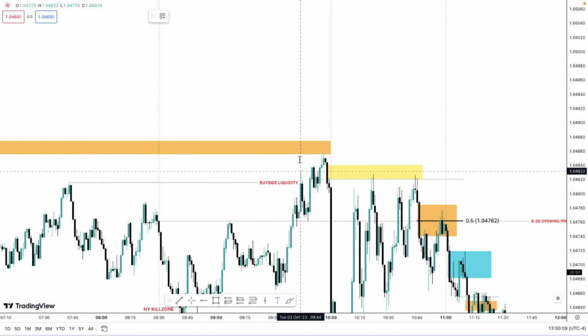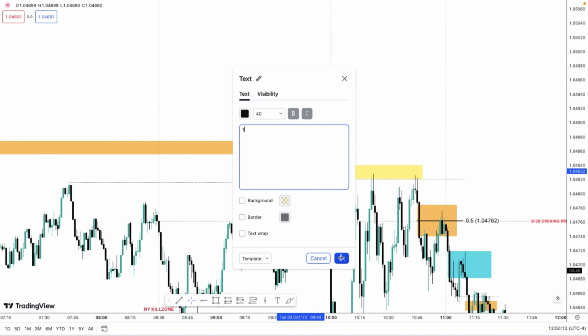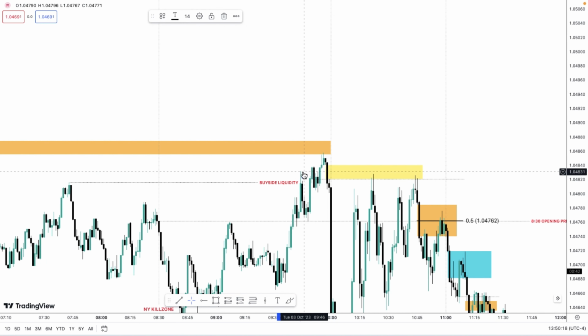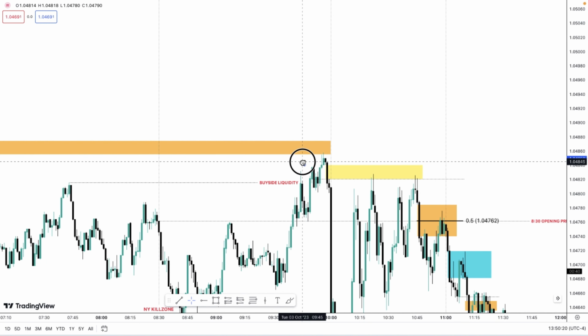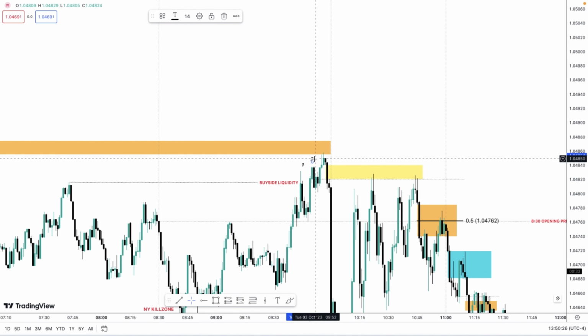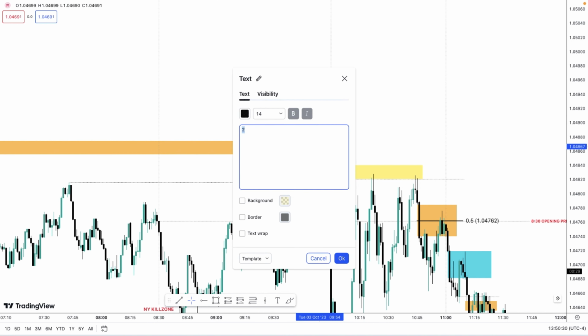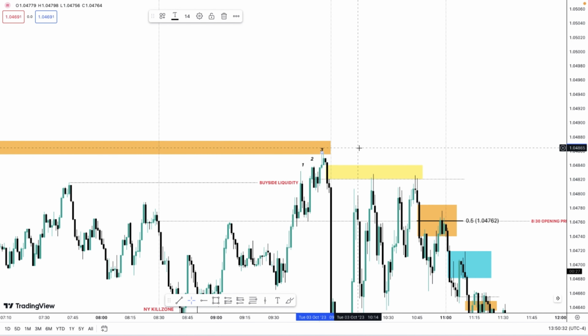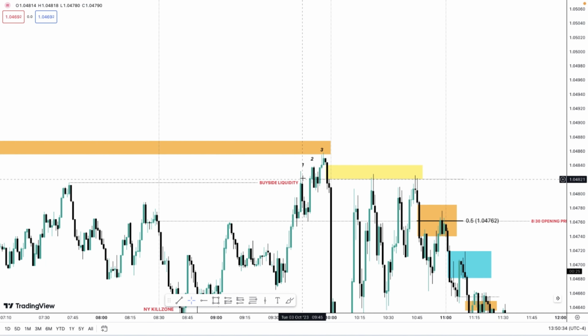I've made a video on this. Three drives pattern. When you see that, you wait for a market structure shift.